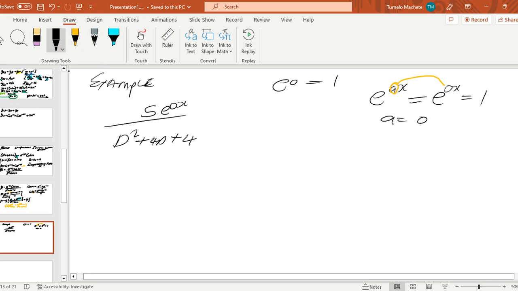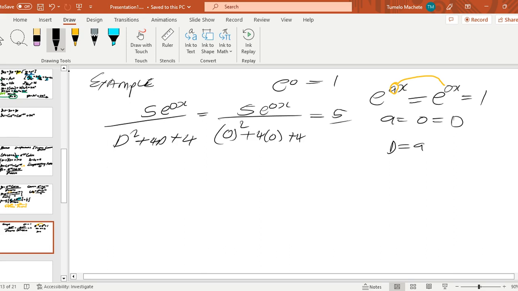And remember, if a is equal to 0, it's also equal to d. The theorem for e says d is equal to a. So you're going to go back here and say 5 over, remember it's e to the ax, you put 0 squared, you apply the theorem for e, 4 times 0 plus 4. Then your final answer will be 5 over 4.